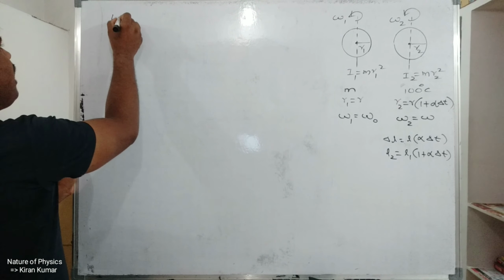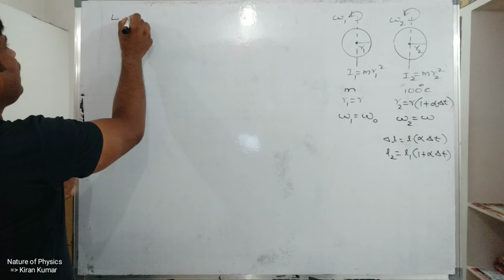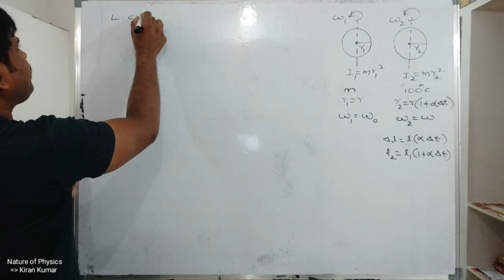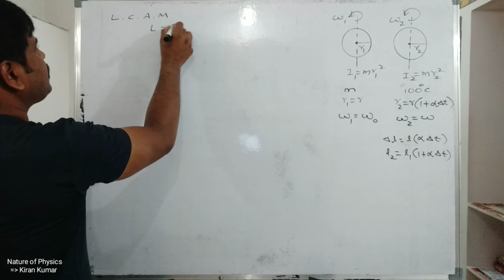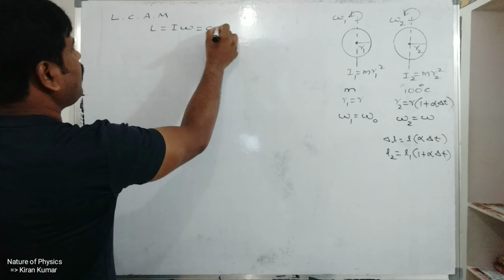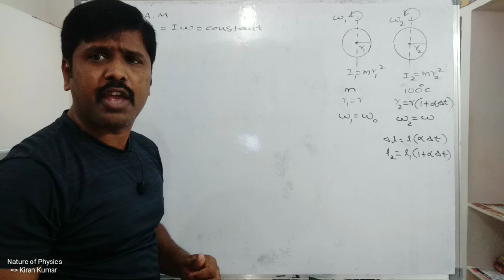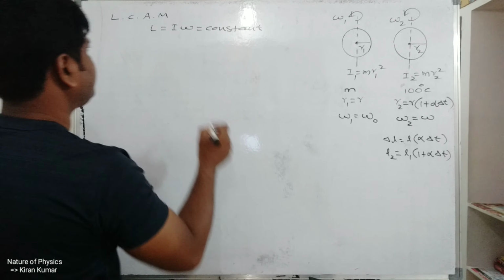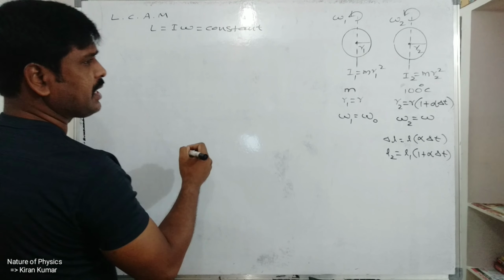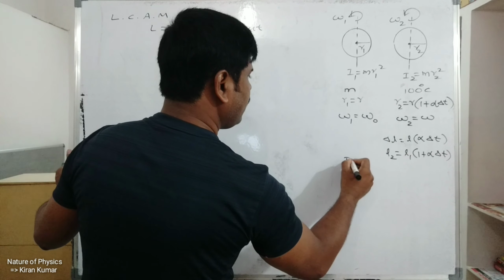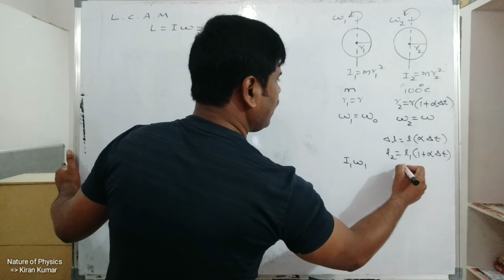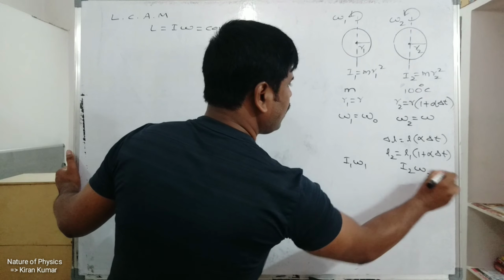Okay, so now it obeys the law of conservation of angular momentum. So the law of conservation of angular momentum: L is equal to I omega, which is equal to constant. We have two spheres, that's why I1 omega 1 and I2 omega 2, students.